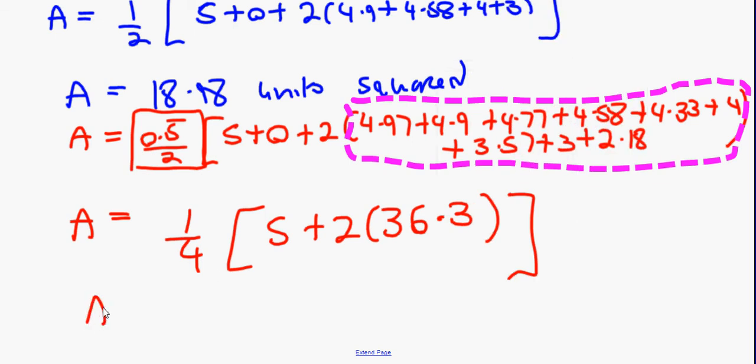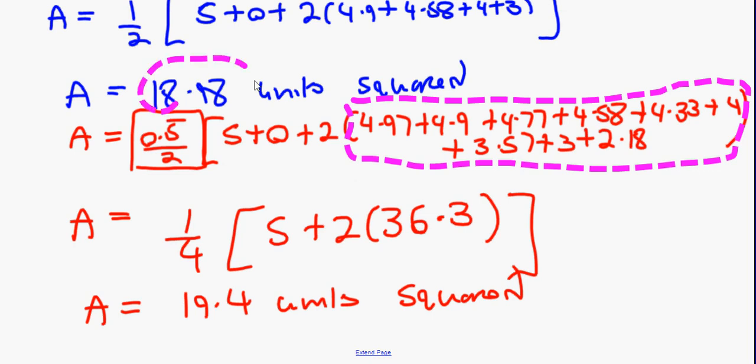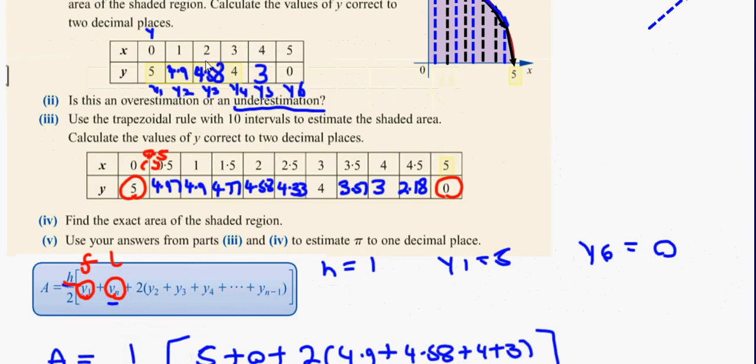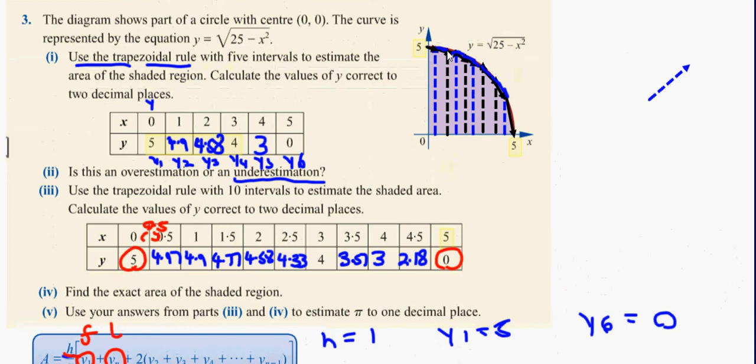So the area equals 19.4 units squared. Now what we can see here is that the estimate has gone up from the last value of 19.89 to 19.4. This means that there's less underestimation, there's less waste as described by the shaded region.